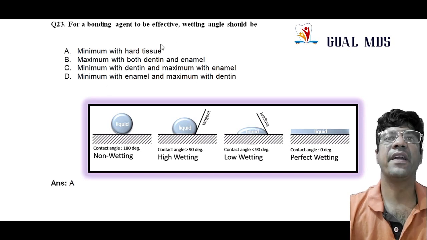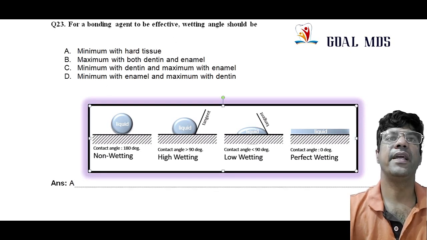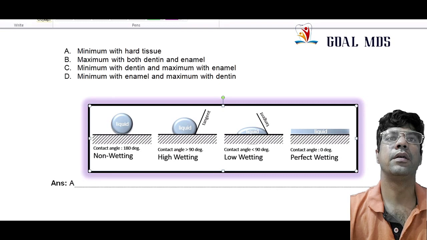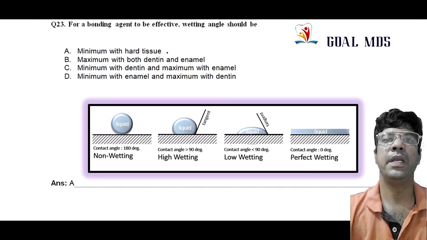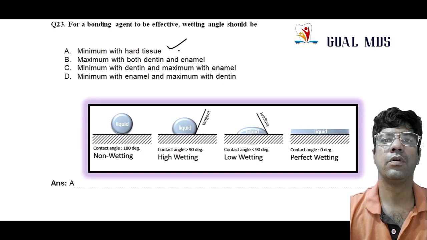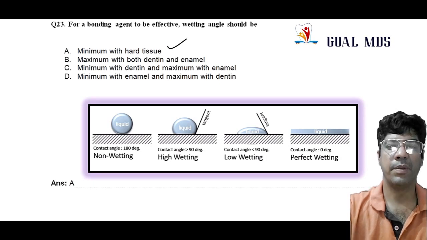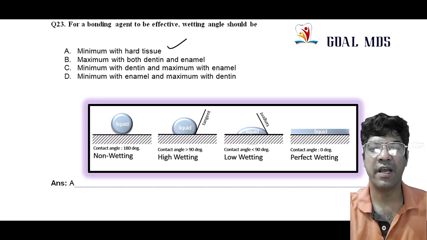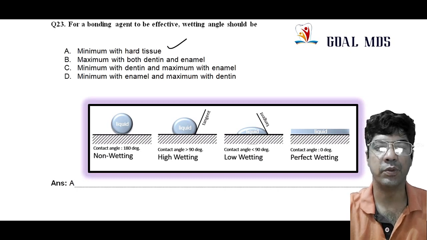For bonding to be effective, the wetting angle should be minimum with the hard tissue. So remember, for bonding to be effective, it should have a minimum wetting angle with the hard tissue.